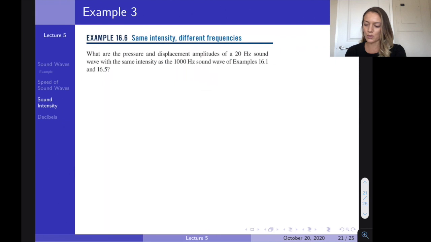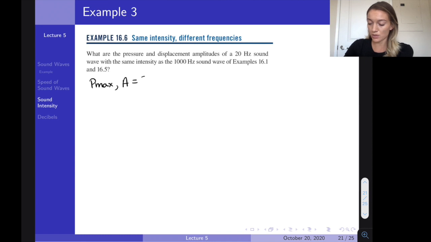All right, so now let's do another example. What are the pressure and displacement amplitudes of a 20 hertz sound with the same intensity as a 1000 hertz sound? So we want the pressure, Pmax, and the amplitude when we have a frequency of 20 hertz, and we're comparing that to a 1000 hertz sound.